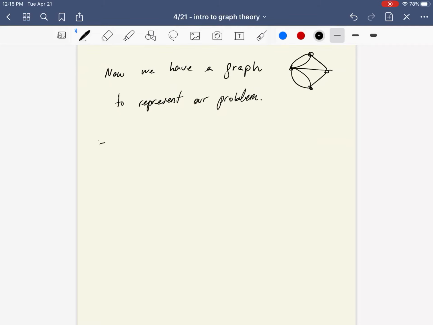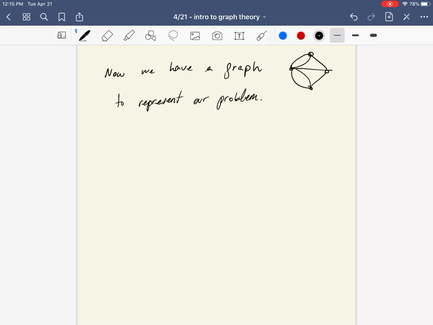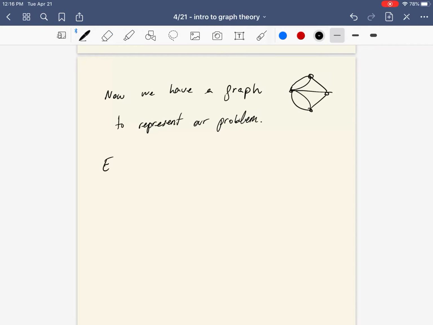So Euler's circuit theorem... this is possible. So actually I'll just say Euler's solution, and then I'll write down the theorem in a bit. Euler's solution says that this is impossible.